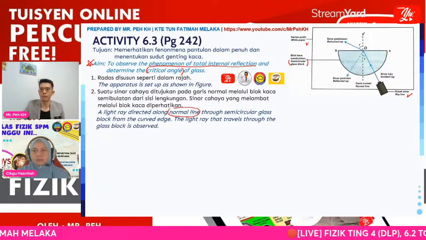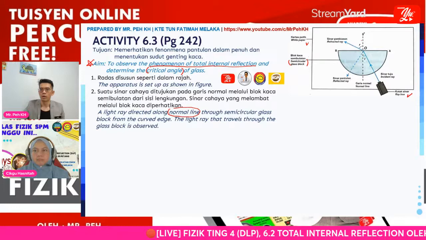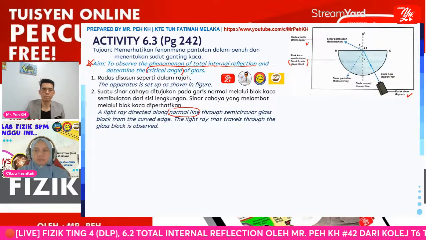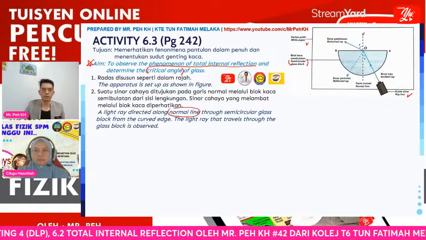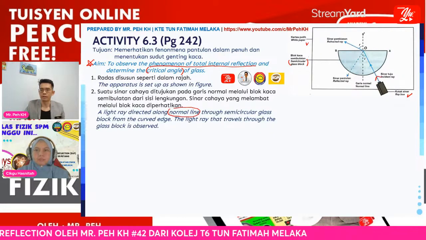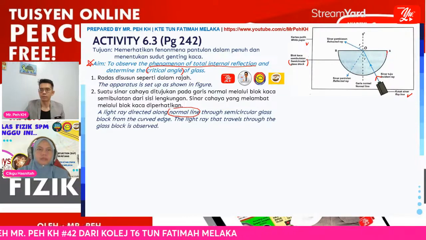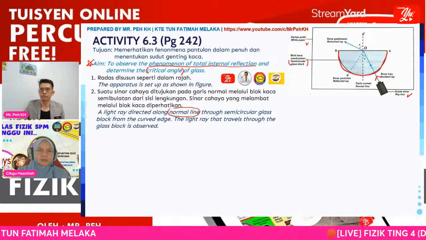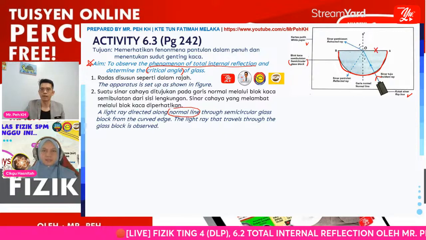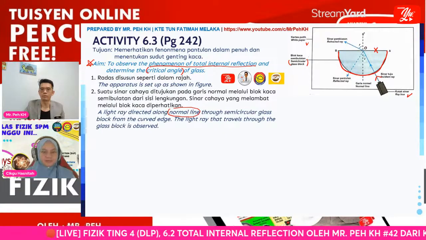The normal line will be here, which you need to draw on your A4 paper. The light ray goes through the semicircular glass block from the curved edge. You can see the light ray from the ray box points towards the curved edge of the semicircular glass block, not the flat side.